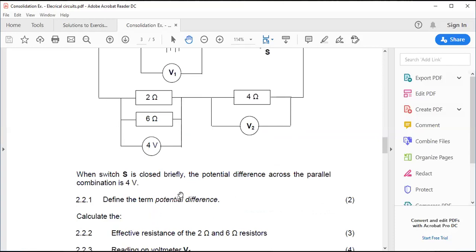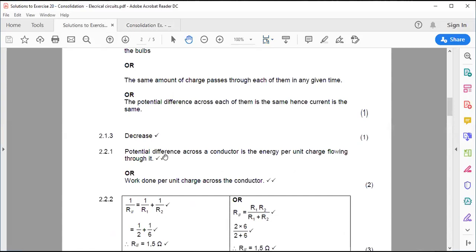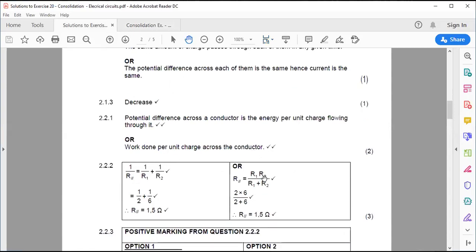V is equal to W over Q, which is work done per unit charge. So potential difference across a conductor is the energy per unit charge flowing through it. Or if you don't like the word energy, you can use work done. Or you can say work done per unit charge across the conductor.